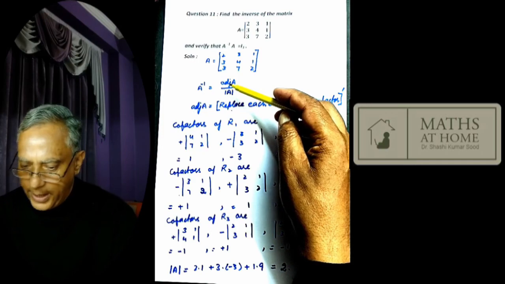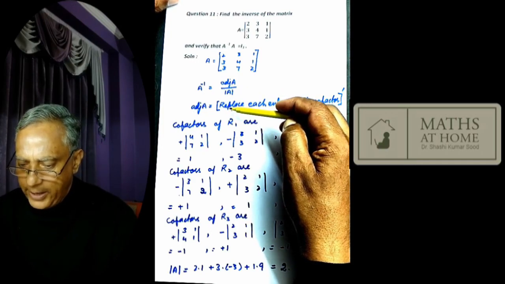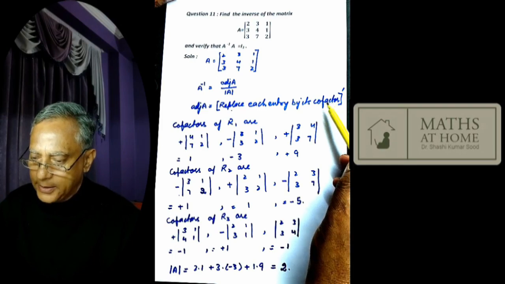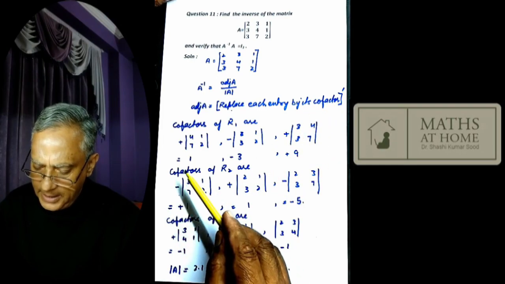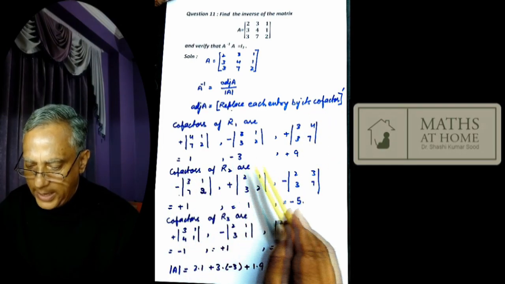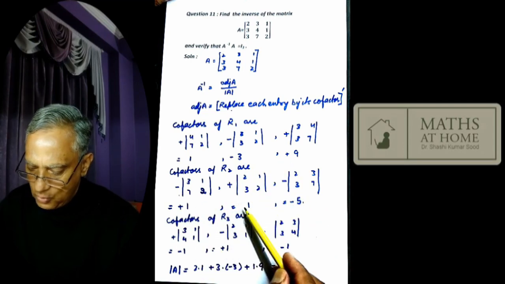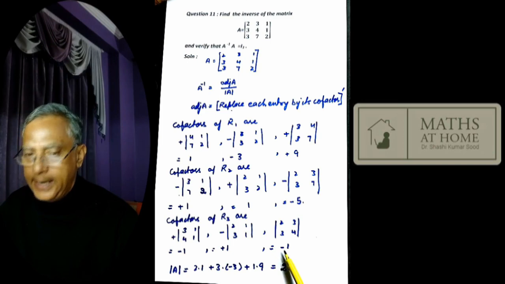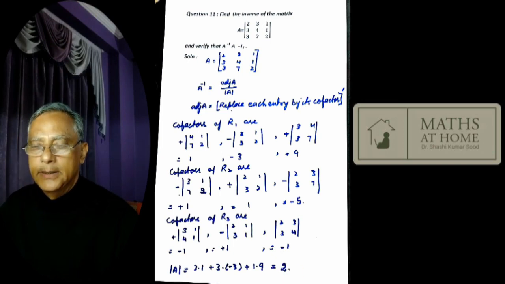Now in order to find adjoint of A, what we have to do is we have to replace each entry by its cofactor. So we will get a matrix in which entries are 1, minus 3, 9, 1, 1, minus 5, minus 1, 1, and minus 1.